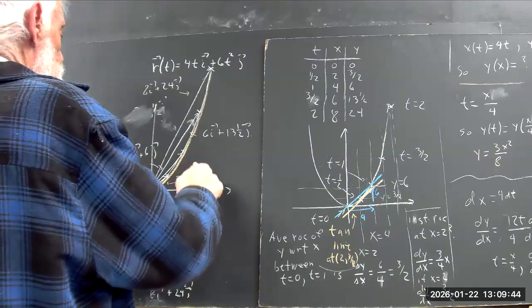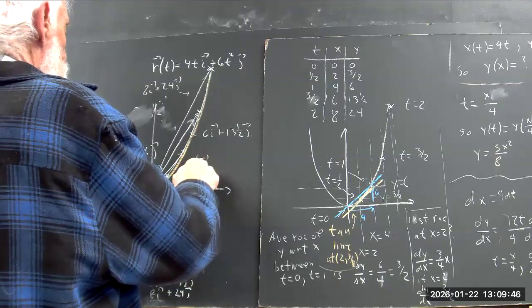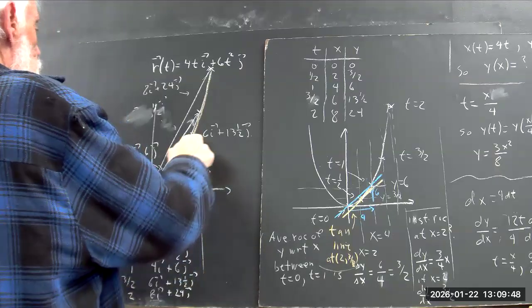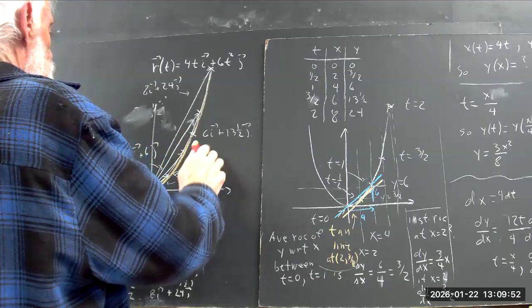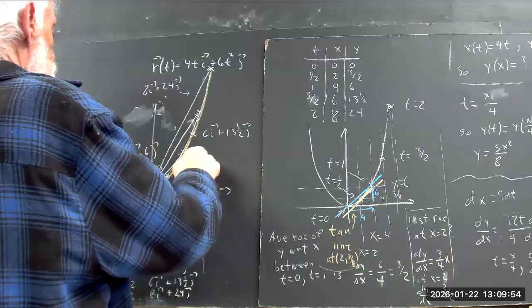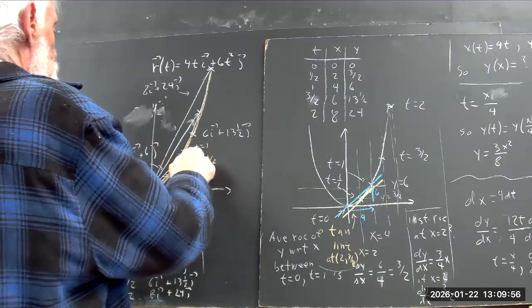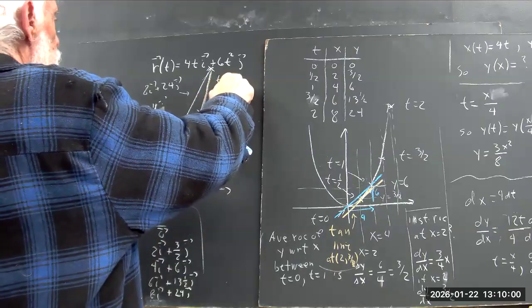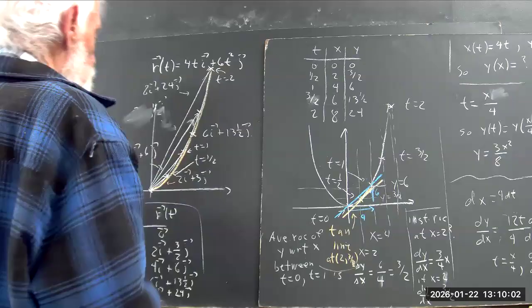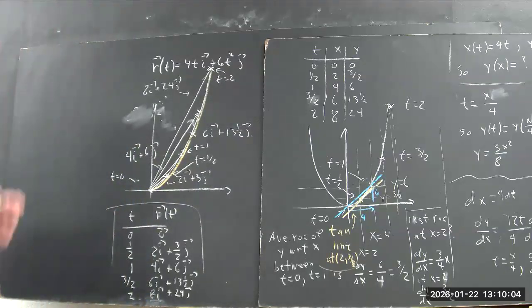Here's the point where t equals 1/2. The t equals 1 point is here. The t equals 2 point is up here. The t equals 3/2 point is here. I'm not going to label it.